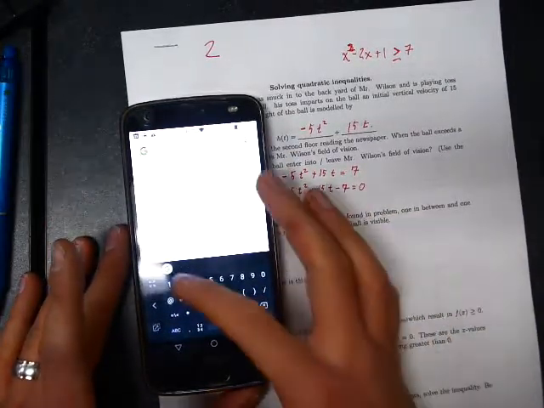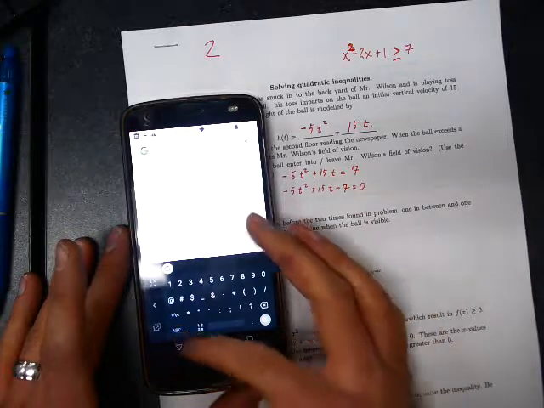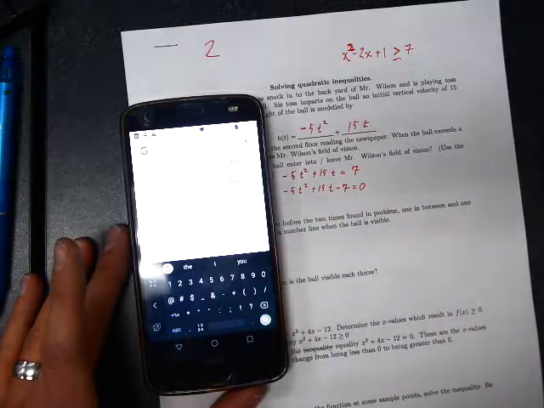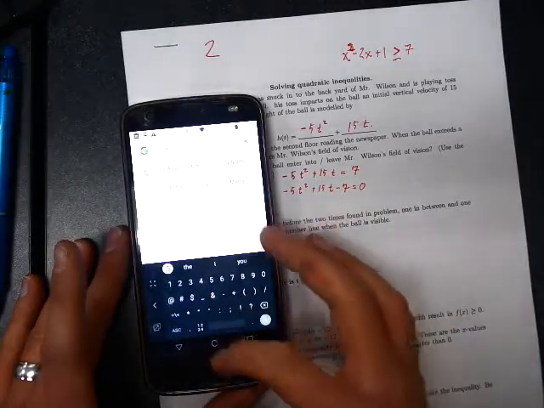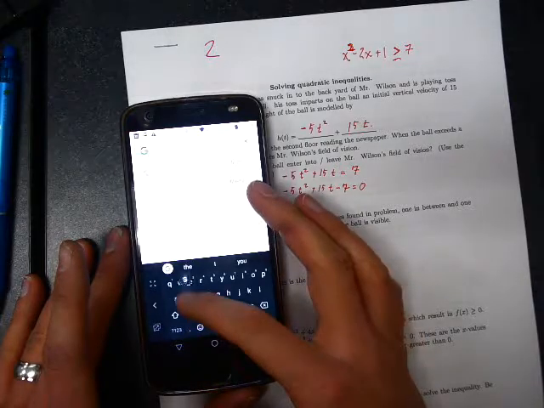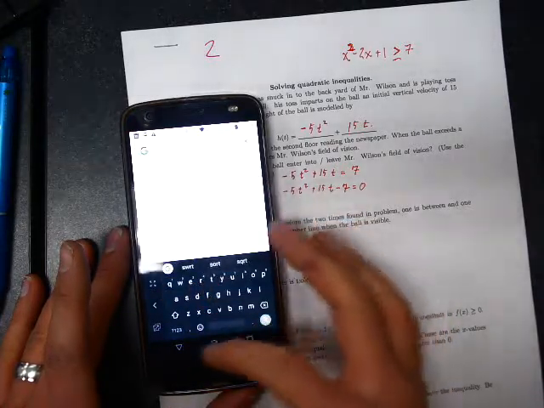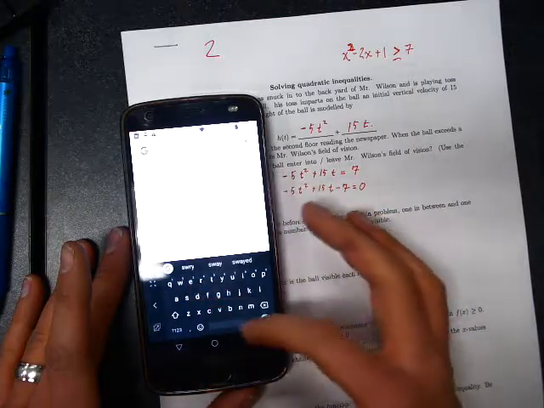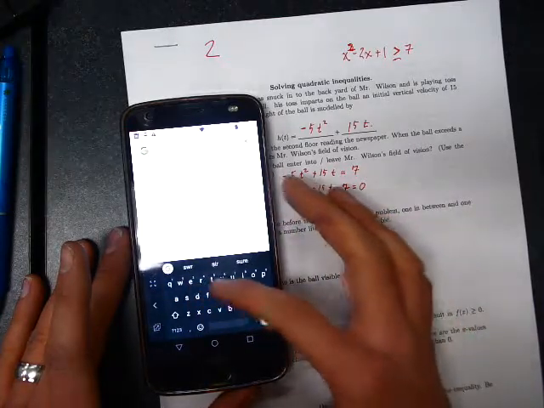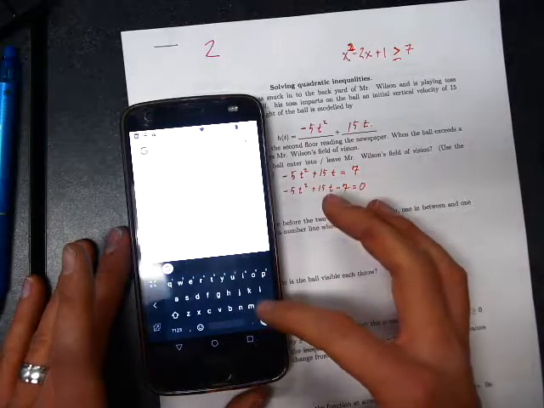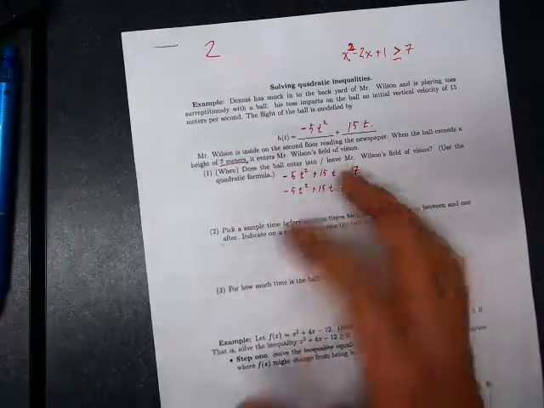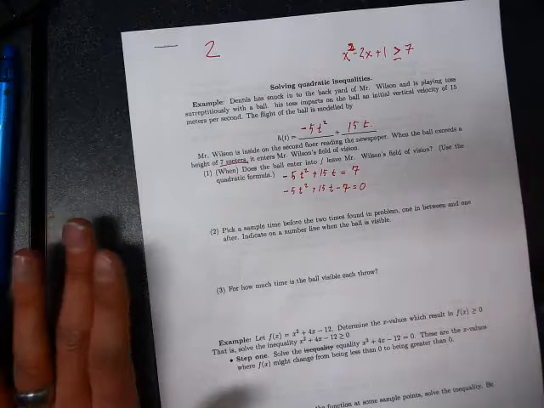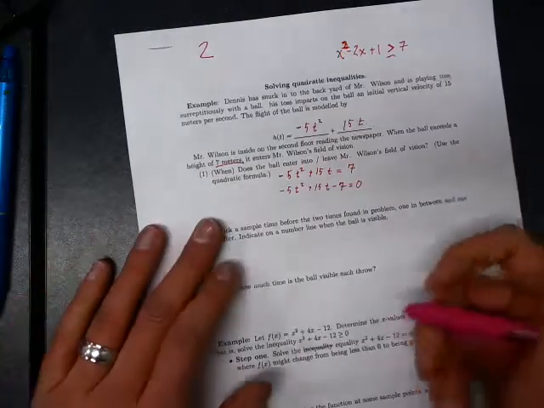Negative b plus or minus, I'll do the plus first, square root... nope, I think this is just, that is a bad idea, I think. Too much live all at once.